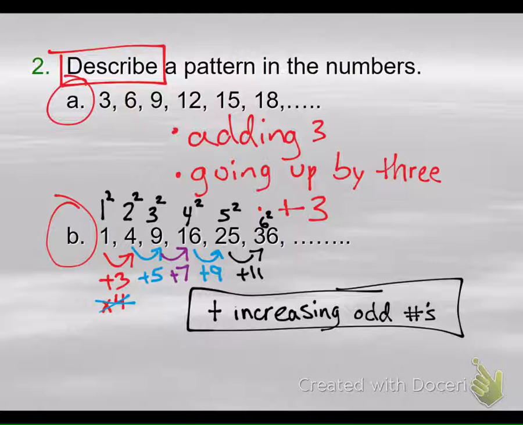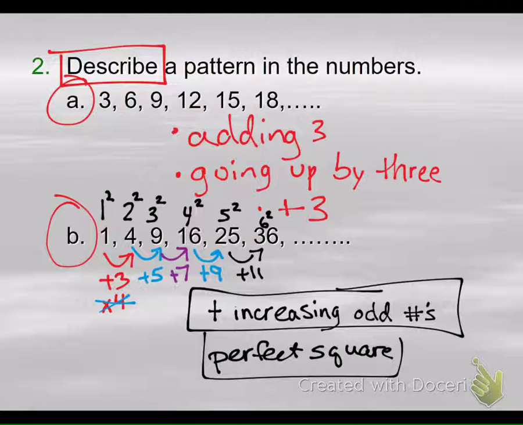And if you continued on, if we add 13, we get 49. And if you do 7 times 7, you still get 49. It's amazing, isn't it? So if you want to be extra fancy, you could say, these are the perfect squares. But that's just a little extra. If you're feeling extra on a Monday morning, you could put that one.